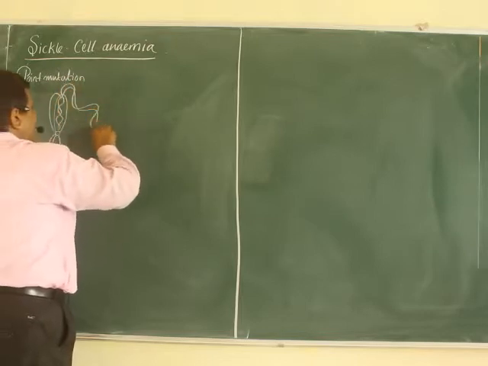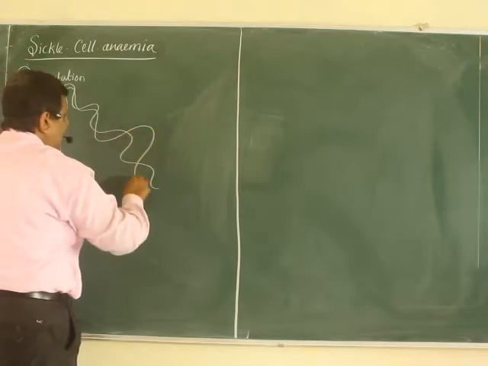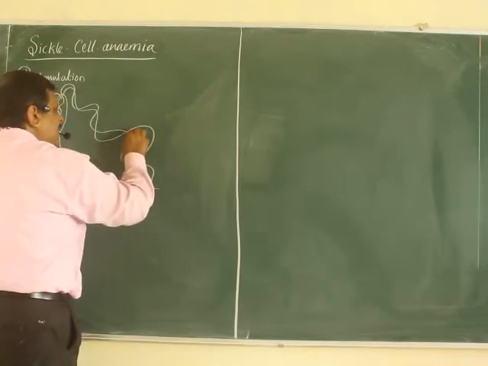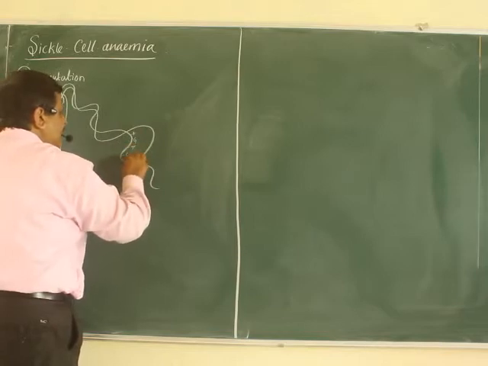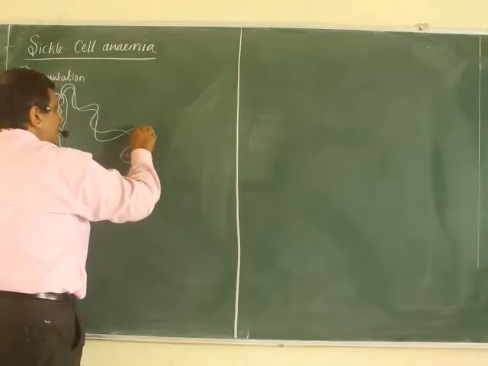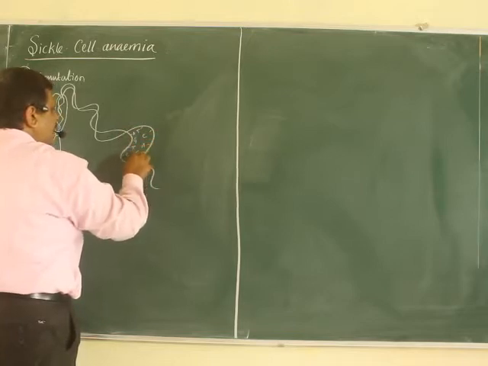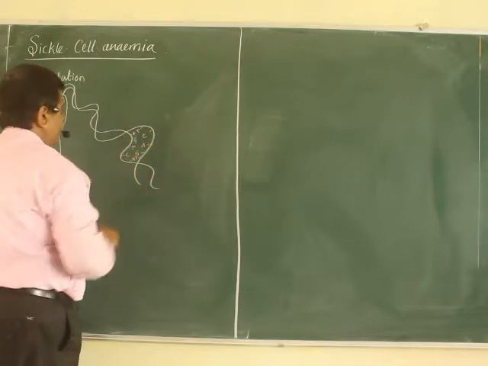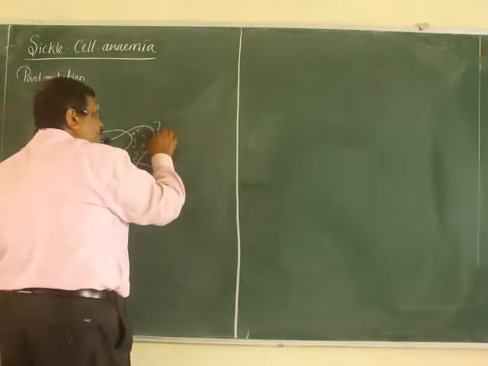And in that, adenine, guanine, thymine, cytosine, adenine, thymine, cytosine, adenine, guanine, and thymine. Suppose imagine this arrangement of genes.